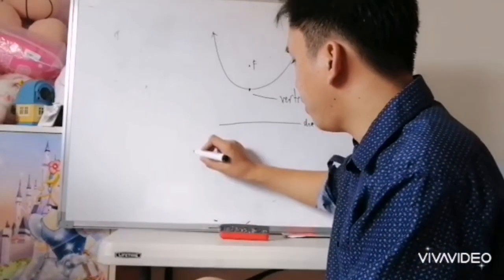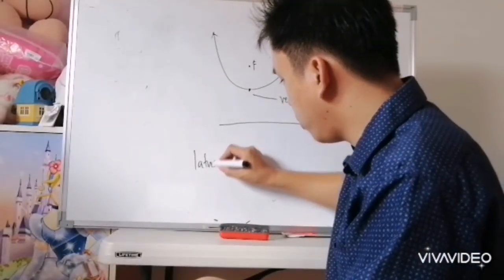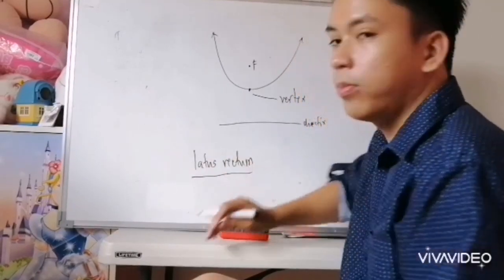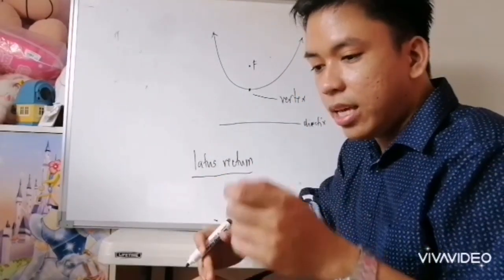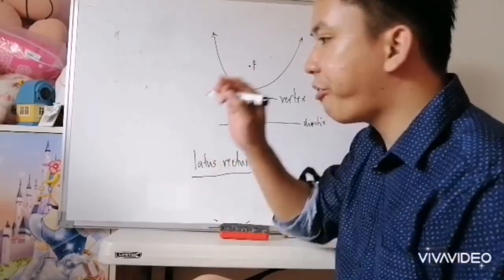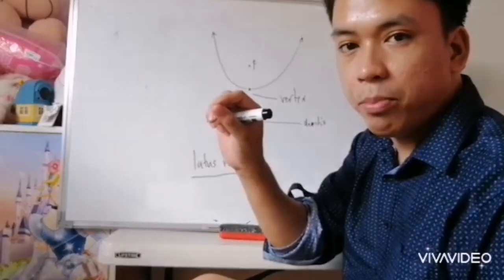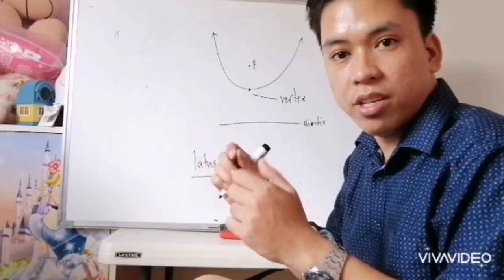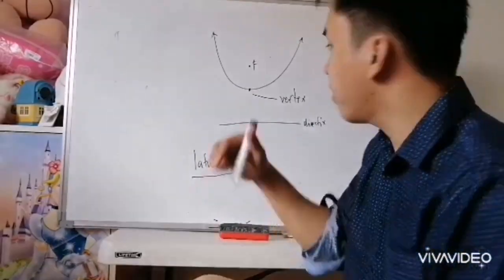Another part, although it sounds funny, is quite important: the latus rectum. This is an imaginary line segment connecting a point on the parabola to the other point on the parabola, passing through the focus, parallel to the directrix.